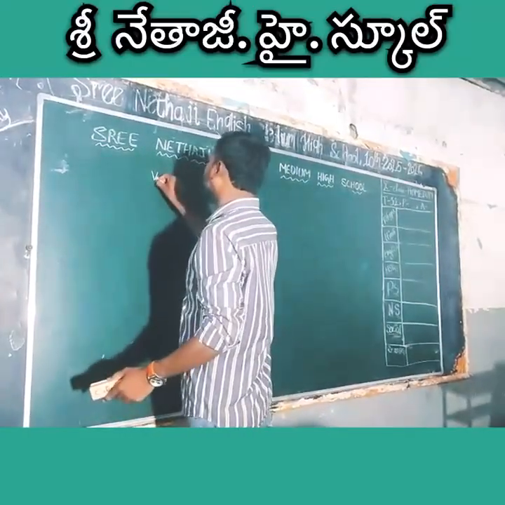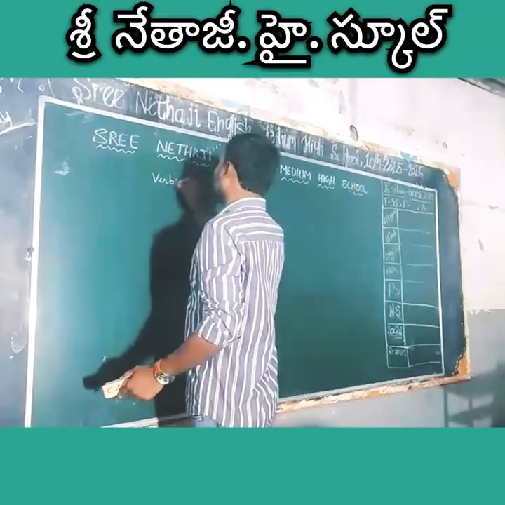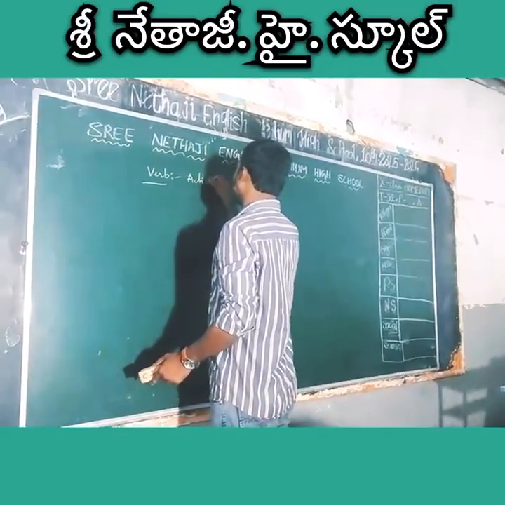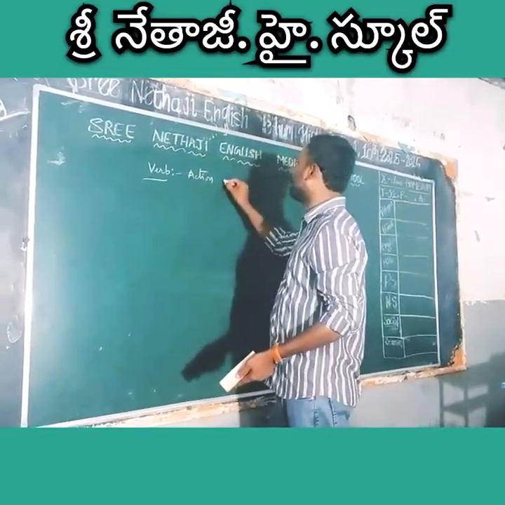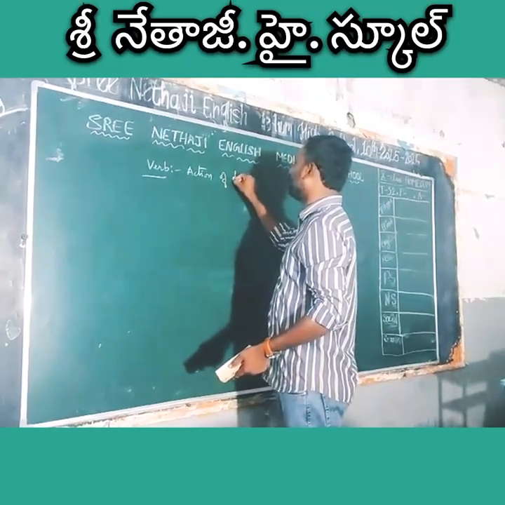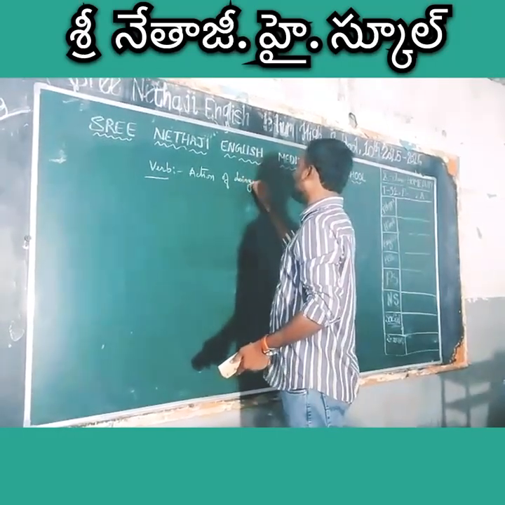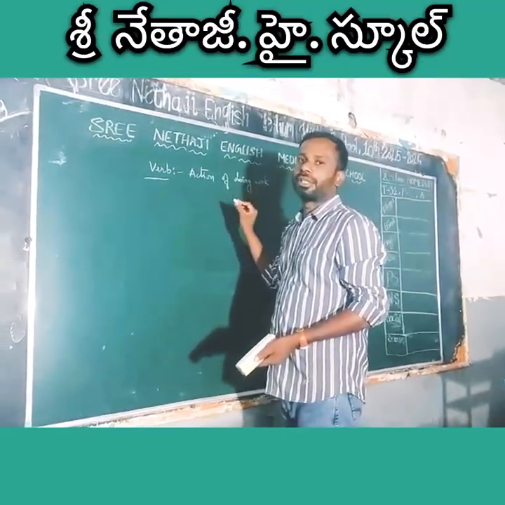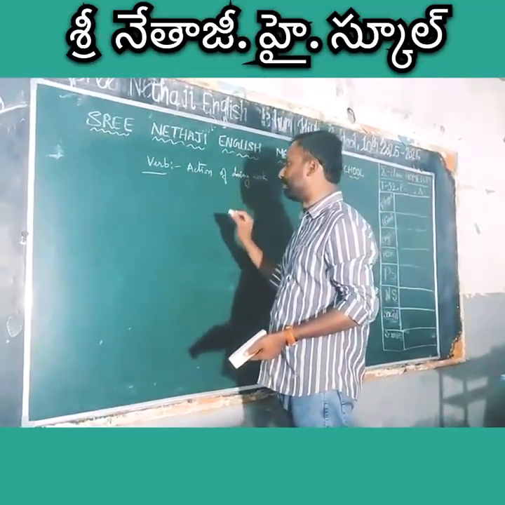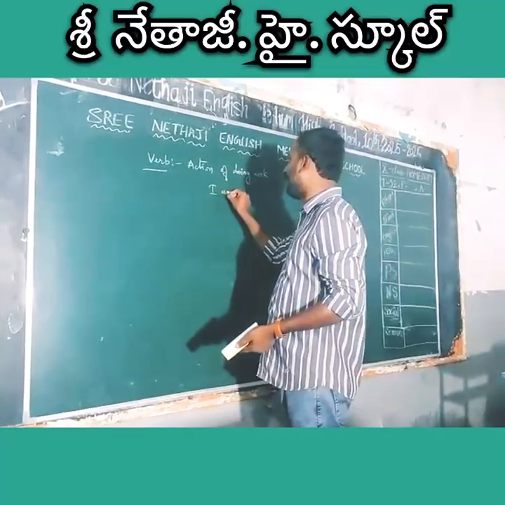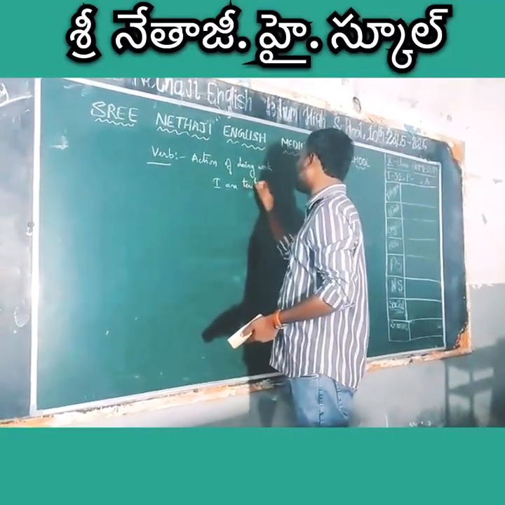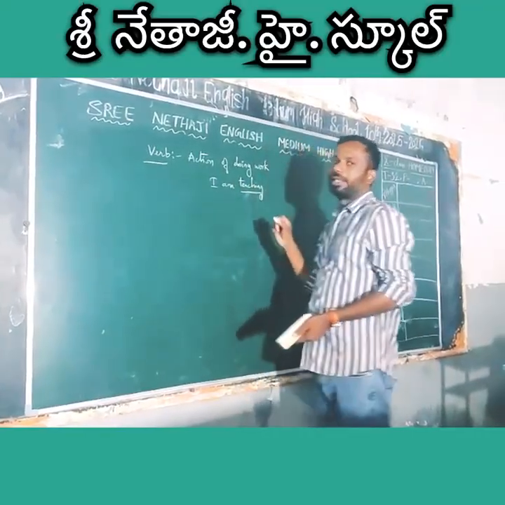In simple means, action of doing work. So in simple words, action of doing work. Any actions represents verb. Suppose I am teaching. I am teaching. Here teaching represents verb.